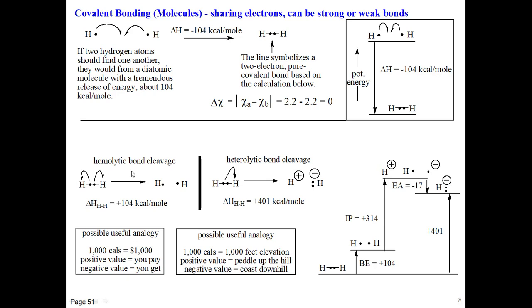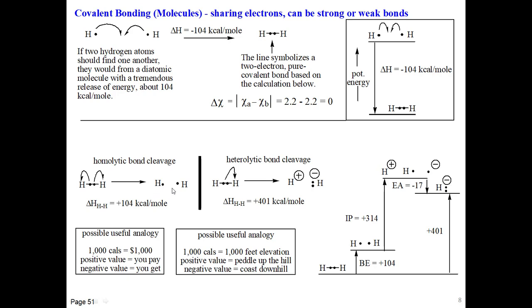Now if we come down here, we could imagine the bond breaking two different ways. We could imagine it breaking homolytically, which is kind of the reverse of what we did up here. Each hydrogen atom takes one electron, and that costs us the bond energy, plus 104 kcal per mole. So that's like spending $104,000 to break that bond.